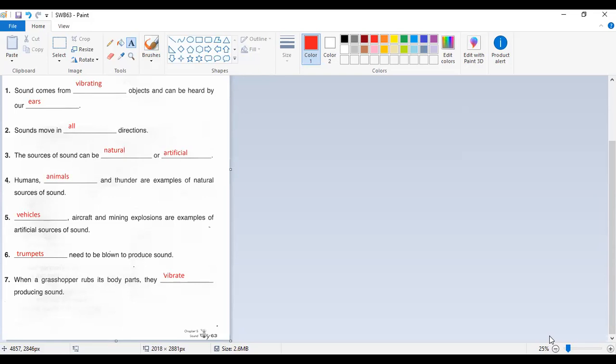Now we're just going to remember our words again. Our vibrating up the top, all directions, natural sound or artificial sound. And that's about it. Oh, and noise, when we make loud things that we don't like.